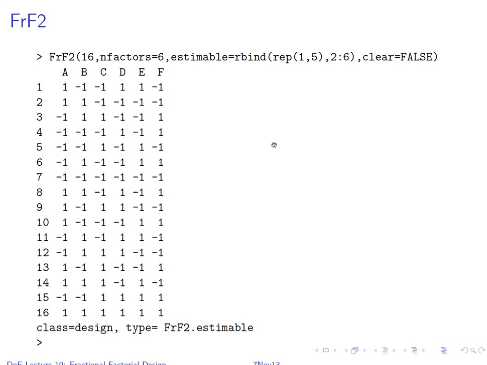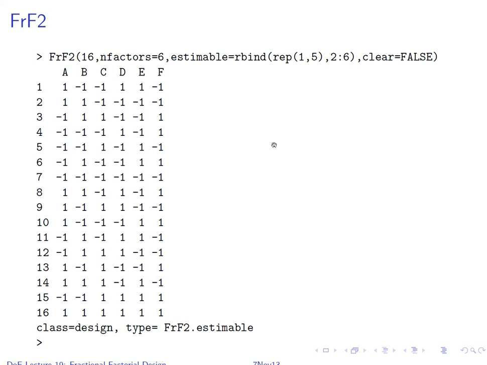First, the number of runs in the experiment you're trying to construct, in this case 16. The number of factors in the experiment is 6. That's A, B, C, D, E, F. And then you specify the effects that you want to be able to measure without being aliased.